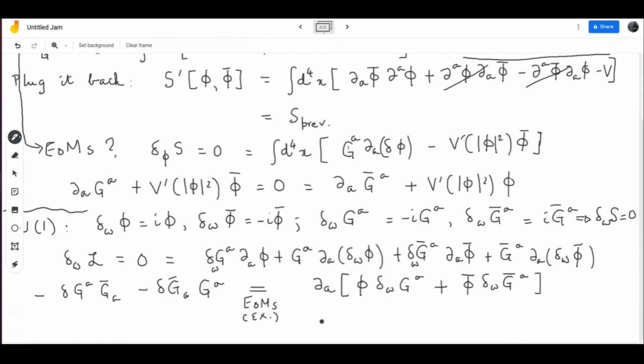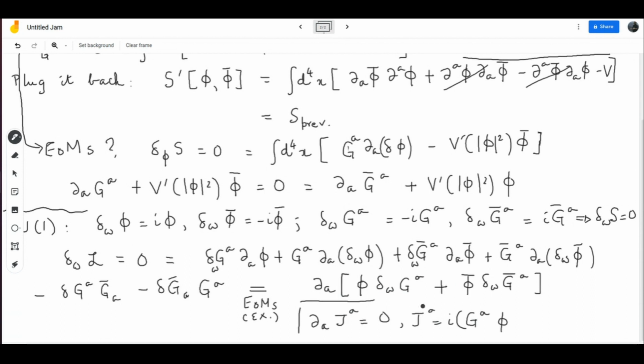Oh, you're out of space. So let me just make some room here and say that we get del A JA equal to 0, where JA is I GA phi. Did I get it wrong? Should be minus, right?